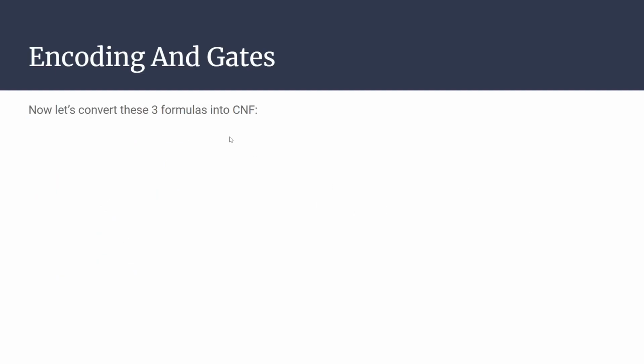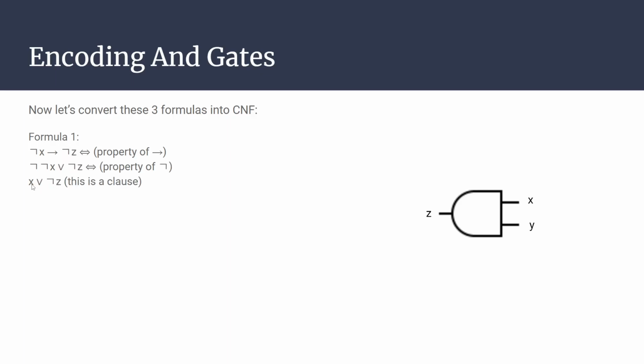We can convert these 3 formulas to CNF. And then formula 1, we just start off with not x leads to not z. And out of the property of this right arrow operator, this can happen only if either not x is not true, so we don't satisfy this part, or not z is true, which basically means x or not z, and this is a clause.